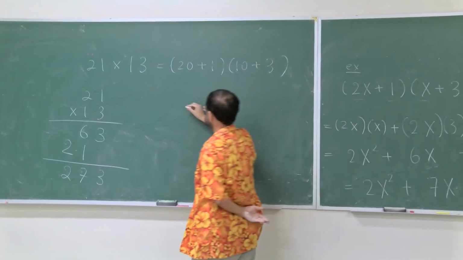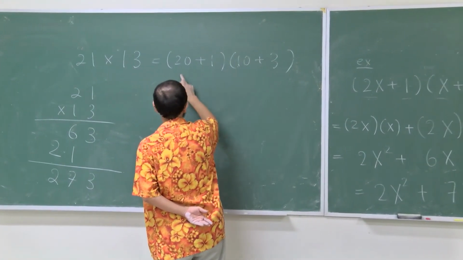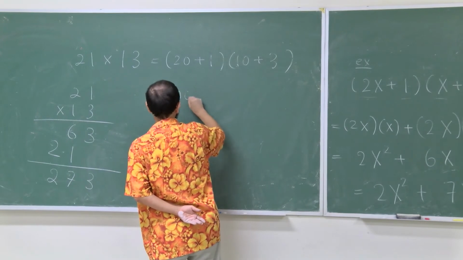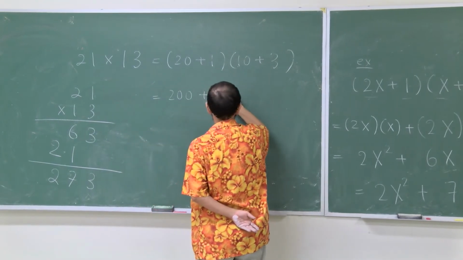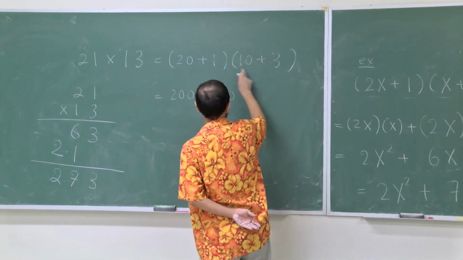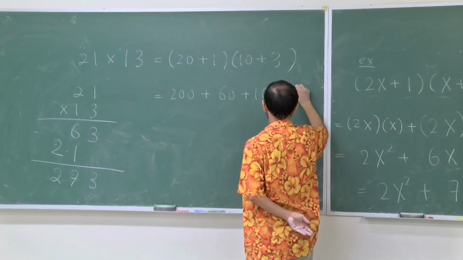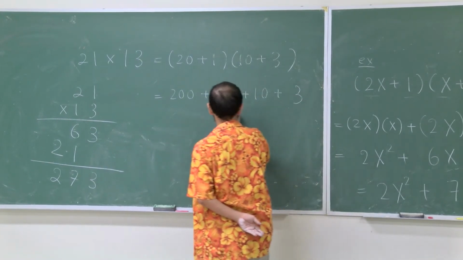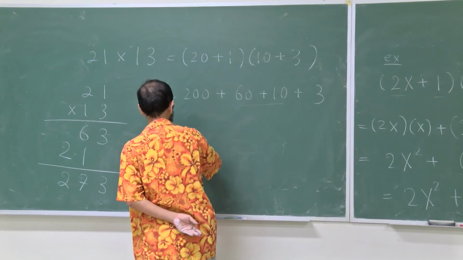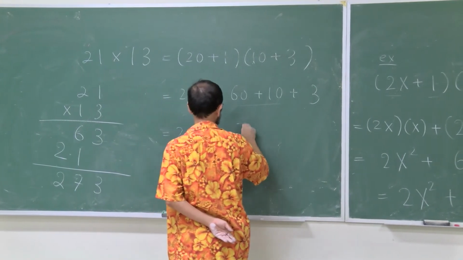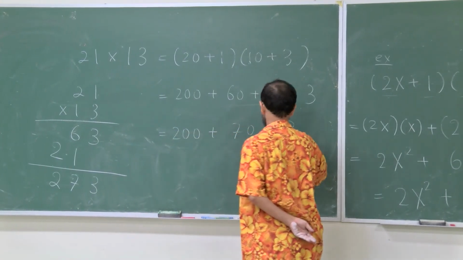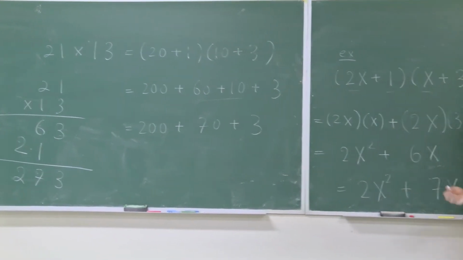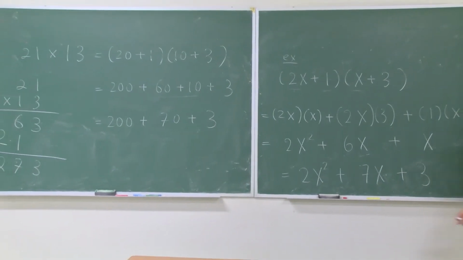Then you have 20 times 10, 200. 20 times 3, 60. 1 times 10 is 10, plus 1 times 3 is 3. And then you combine the middle two. So that's exactly the place value for the 273.